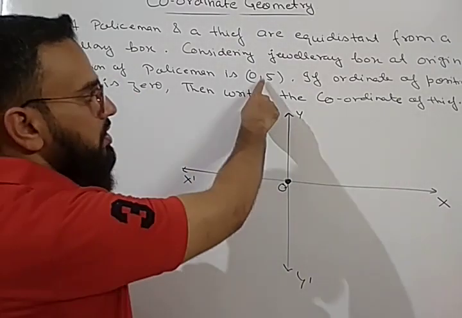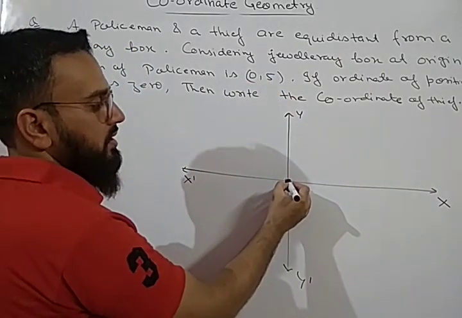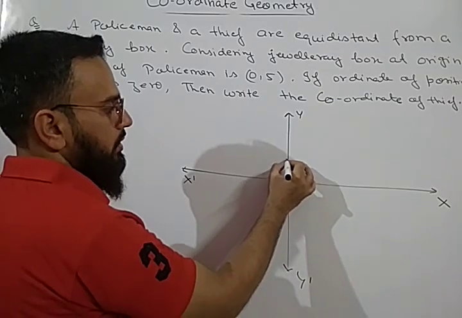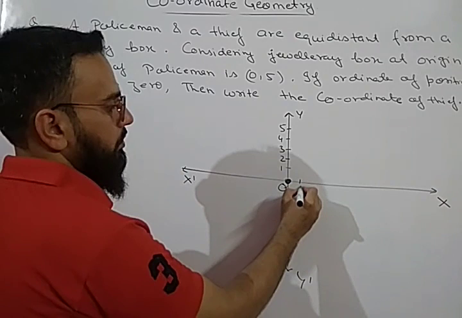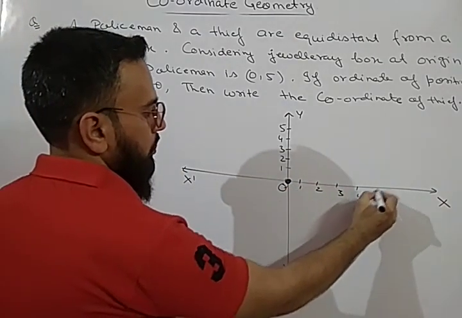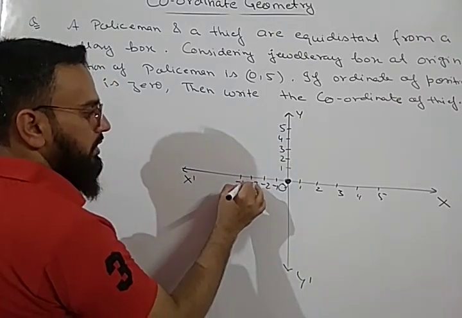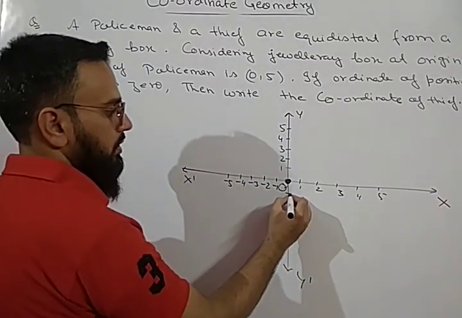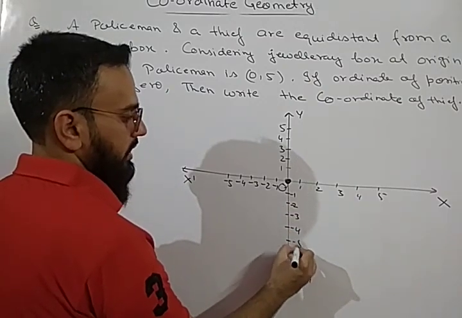So where will we mark (0, 5)? x is 0. Let us consider the points 1, 2, 3, 4 and 5, and on the negative side -1, -2, -3, -4 and -5.